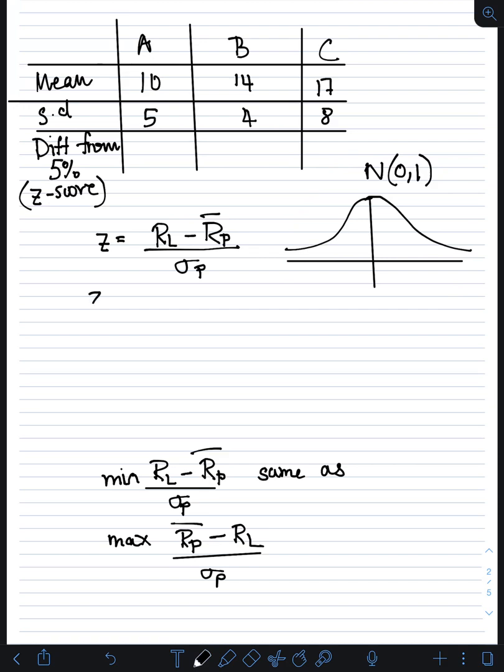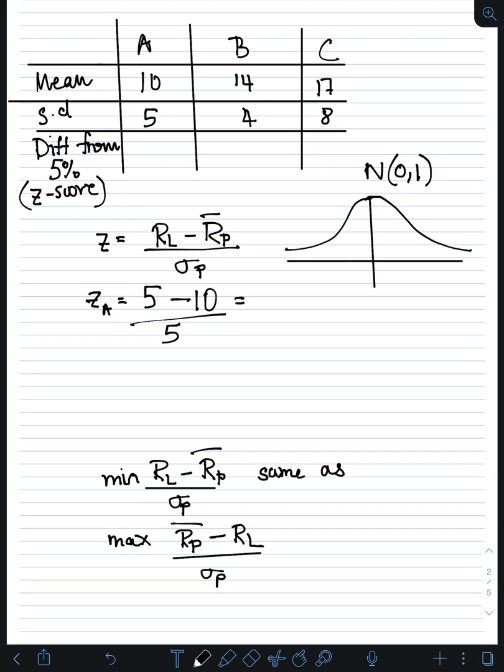For A, the z value is going to be RL minus RP bar divided by sigma P. What's RL? It's always 5. Minus RP bar, the expected return of our portfolio, which is 10. Divided by the standard deviation of my portfolio, which is 5.